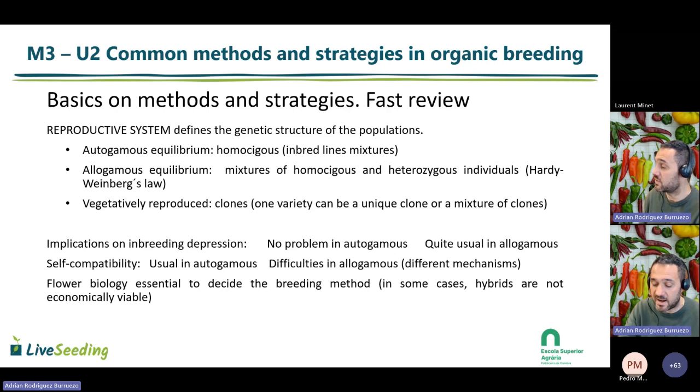In fact, in some cases, hybrids are not economically viable, as has happened for years, for instance, in wheat, which is highly autogamous, and it makes no economic sense to obtain hybrid seeds, because for each seed you need to make artificial hybridization. Okay, this is an extreme example. But I repeat, flower biology is essential to decide the breeding method, and this must be kept in mind by future breeders.